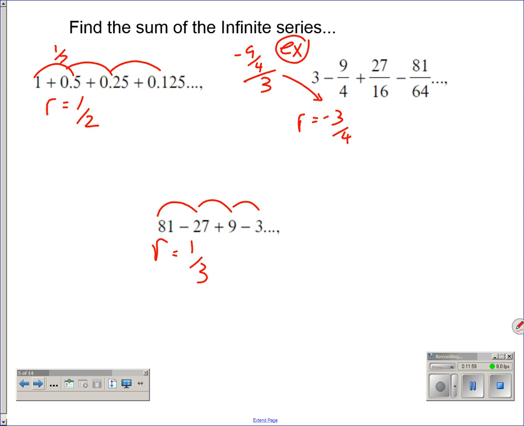Always make sure. So negative 3/4, is that between negative 1 and 1? Yes. So we can find the infinite sum. All right, so that would be our first value, 3, divided by 1 minus my rate. I'll let you type that in.